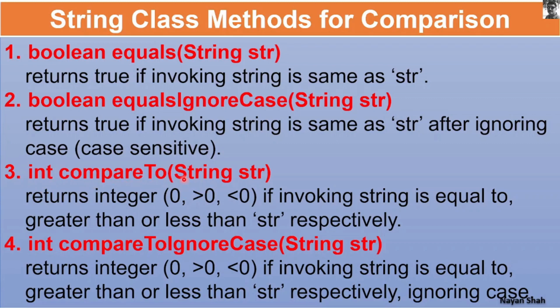This compare to method will return either 0 or some positive number or some negative number depending on the strings we are comparing. If the invoking string is equal to, greater than or less than string str, then it will return 0, greater than 0 or less than 0 respectively.